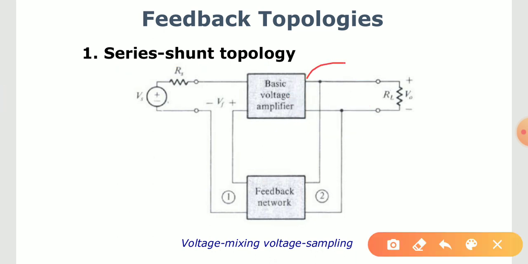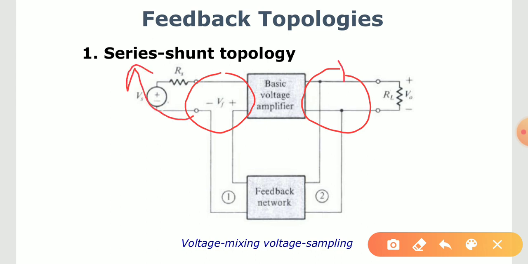Here this section is defined as the sampling network, and this one is the mixing network. The sampling network is connected in shunt form, and here the mixing is connected in series form. So here it is written as series for the mixing, and shunt is written for the sampling network.